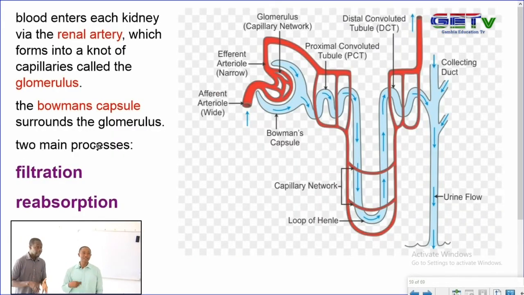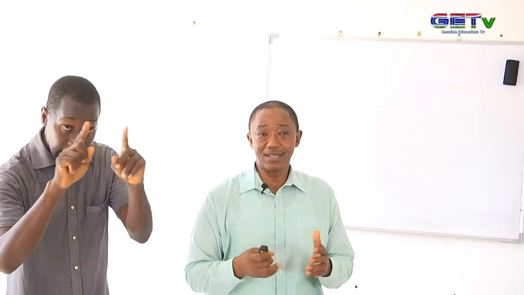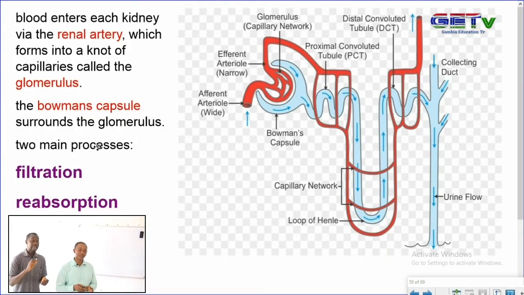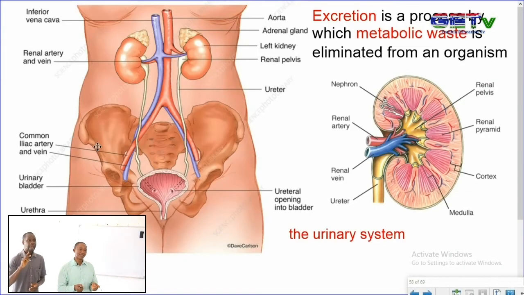Now, how is the blood cleaned? If we take a careful look at this diagram, it may look complex, but let's try to make it simple. Blood enters each kidney by the renal artery. Let me take you back. If you look at the diagram, you can see from the aorta, then you have a branch, that is the renal artery that goes to the kidney.